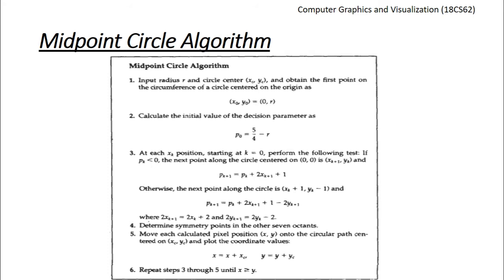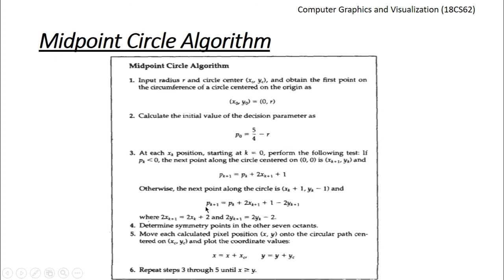Now the second case: if the decision parameter that was computed is positive, the next point along the circle is xk plus 1, yk minus 1. That is, we need to increment x and, at the same time, decrement y as well.